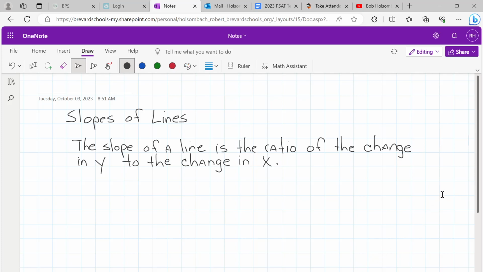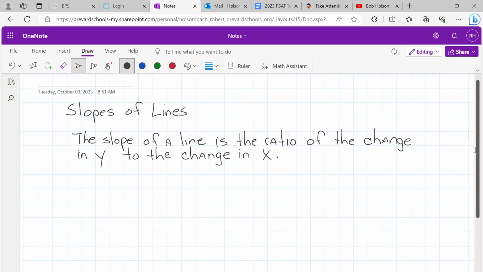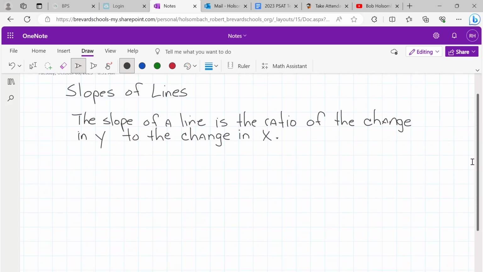Your y-axis is your vertical axis and your x-axis is your horizontal axis. So you could say it's vertical change over horizontal change, or we can say that slope equals rise over run.